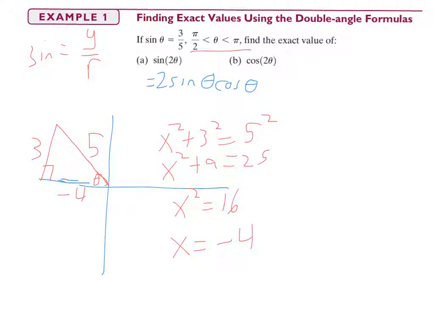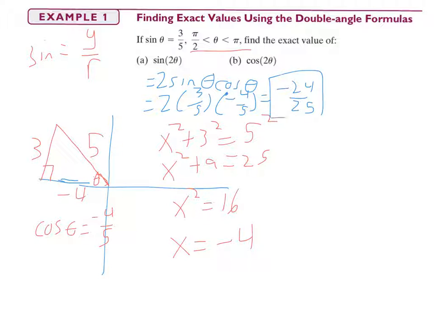So now, cosine of our angle theta would be negative 4 over 5. If we plug everything in, 2 times sine, which is 3/5, times cosine, which is negative 4/5, that would give you 2 times 3 is 6, times negative 4 would be negative 24 over 25. That's for part A.